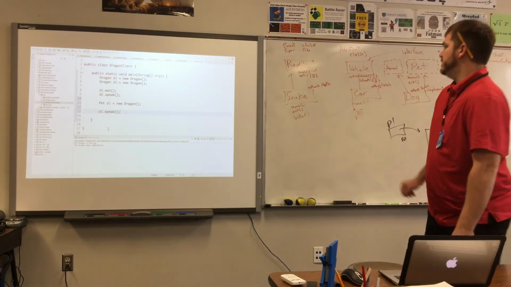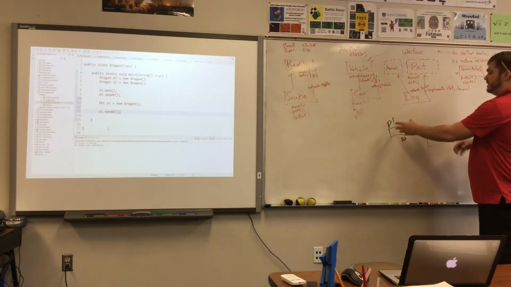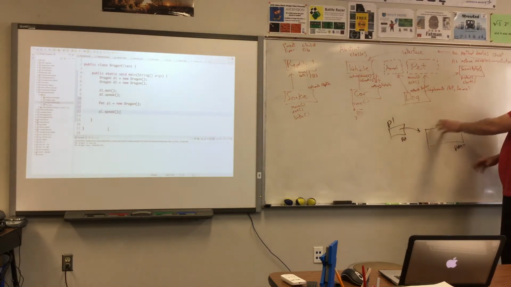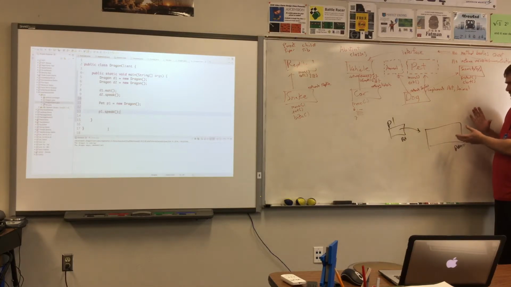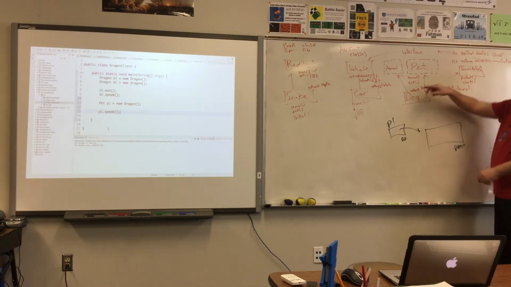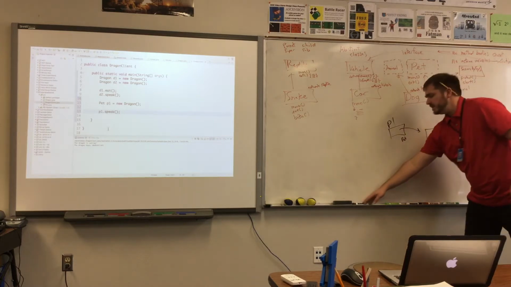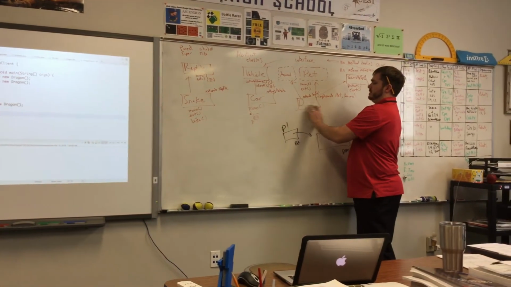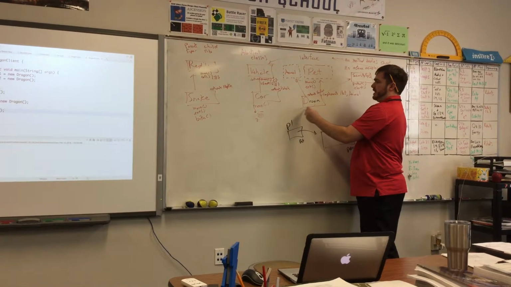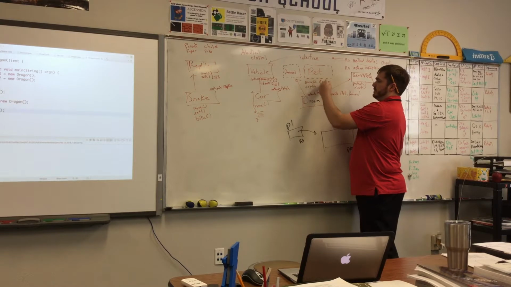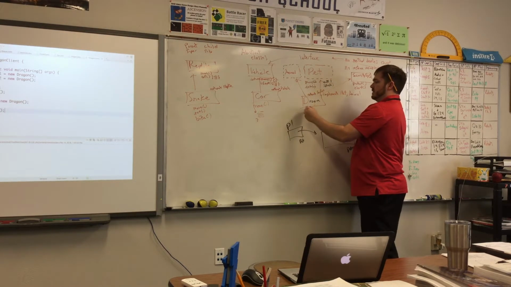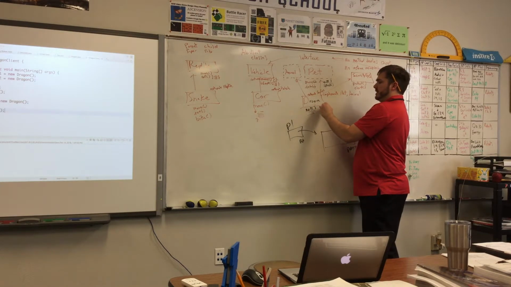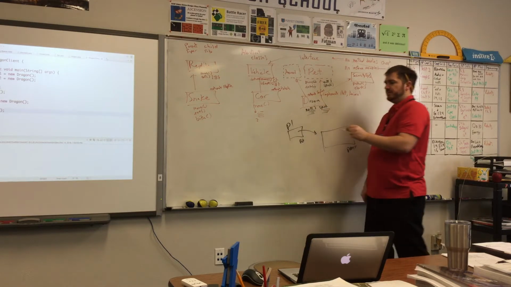And just like we saw previously, because this is pointing to a Dragon object, the version of speak that's going to get executed is the one from the Dragon. So in Dragon we had eat, actual lines of code, and we had speak, actual lines of code.